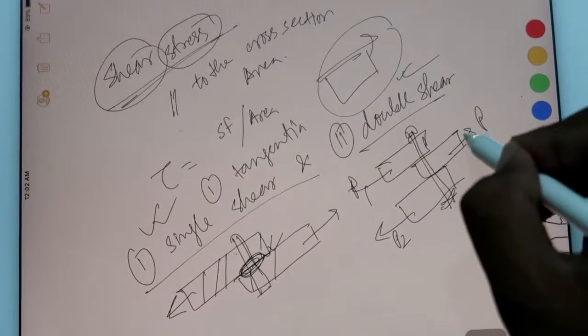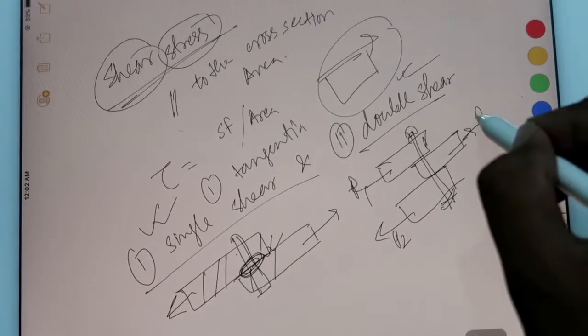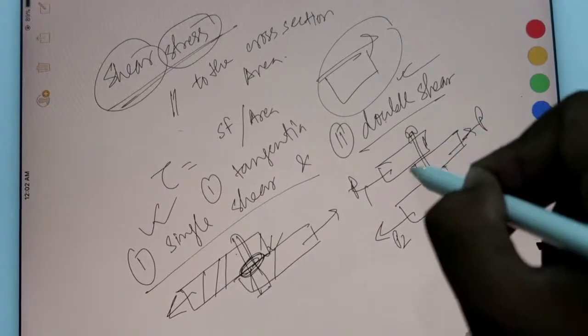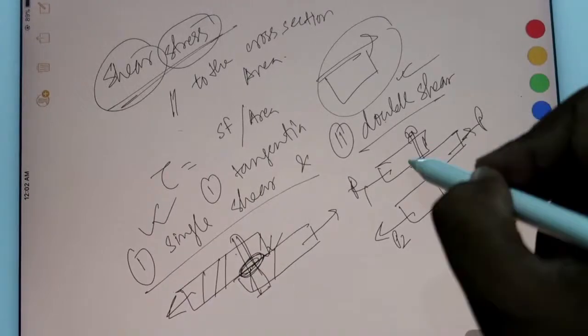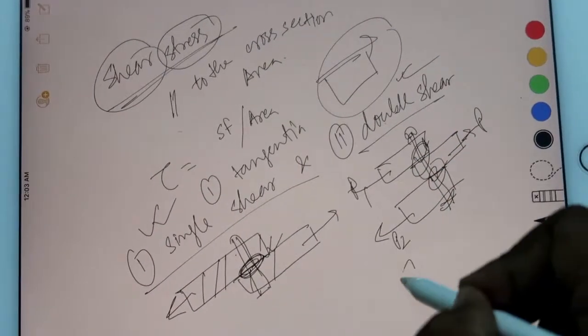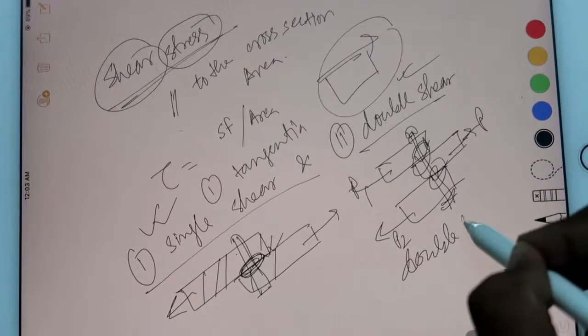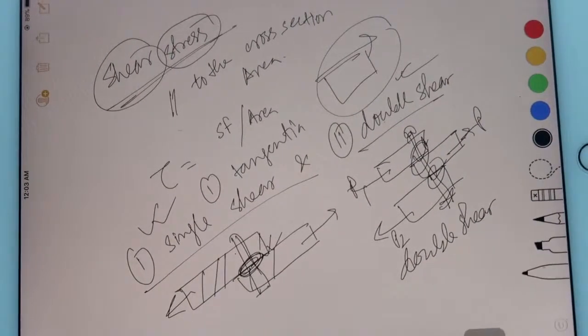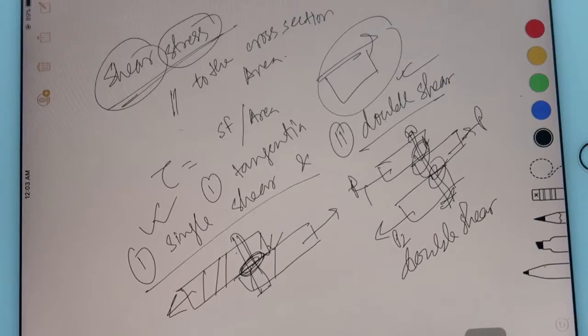If again the force is on this side and this side, tearing happens in which direction? One direction, two directions, so one and two. That is why this is called double shear. When I start steel structures, I will tell you in detail, but this is sufficient for now.